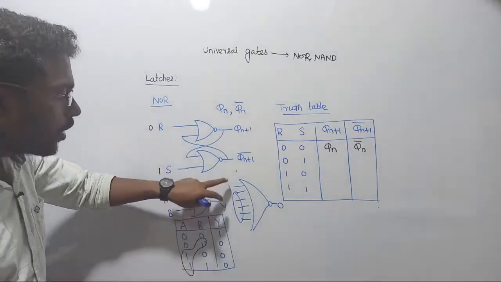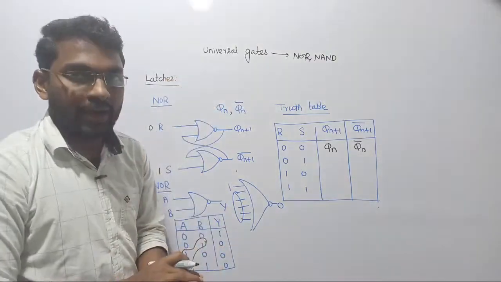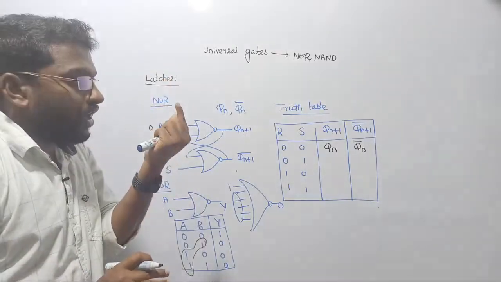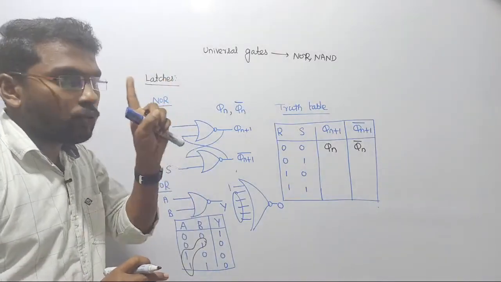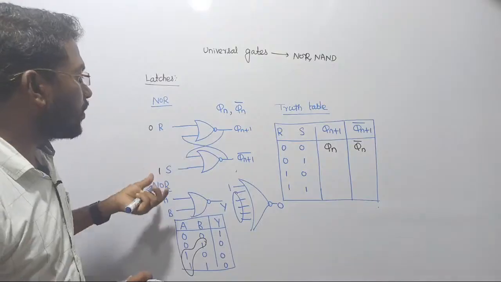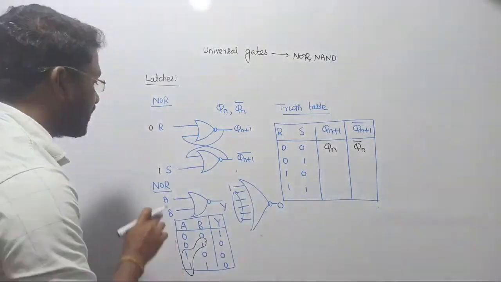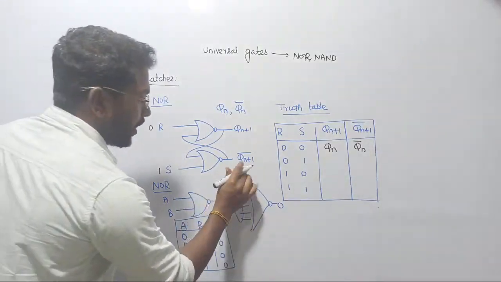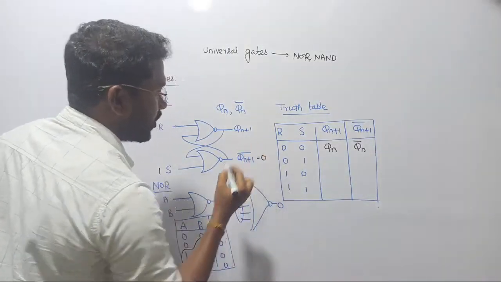Just now I told you, whenever we have a NOR gate, just observe the inputs of the NOR gate. If you find at least one 1 on the input side, then automatically you can set the output as 0. Here I have at least one 1, so the output of this NOR gate is going to be 0.